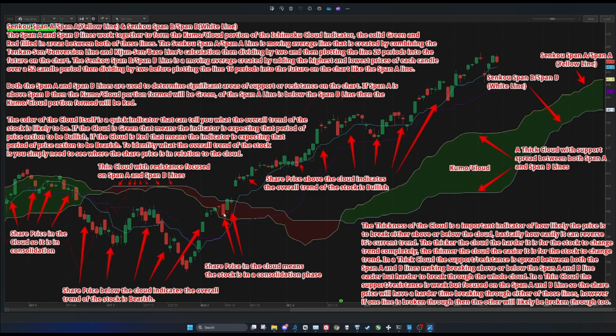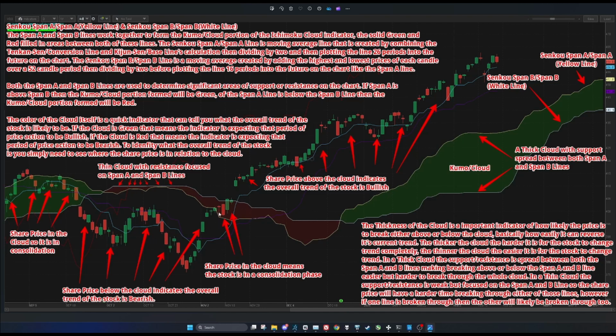And if your cloud is red, that means it believes the overall trend of the stock is going to be bearish during the time frame that the cloud is red. So an easy way to look at this is if you have your share price above the cloud, whether it's green or red, that means the overall trend of the stock is going to be bullish. But if your share price is beneath the cloud, like down here, that means the overall trend of your stock is bearish for that time frame.